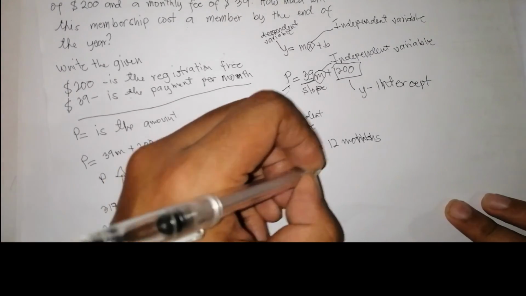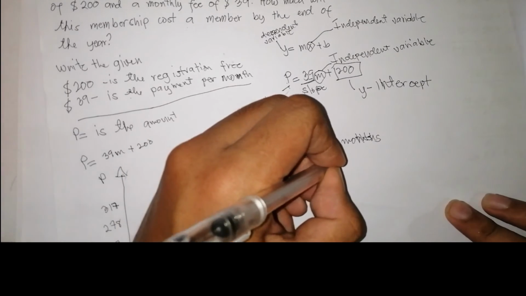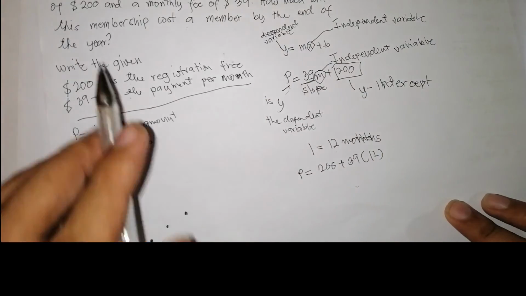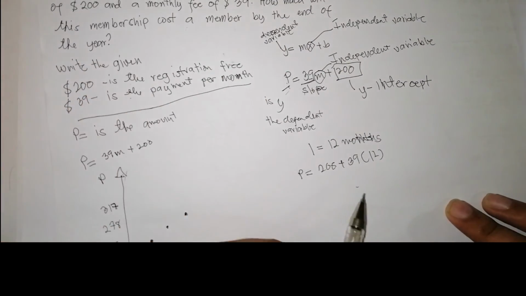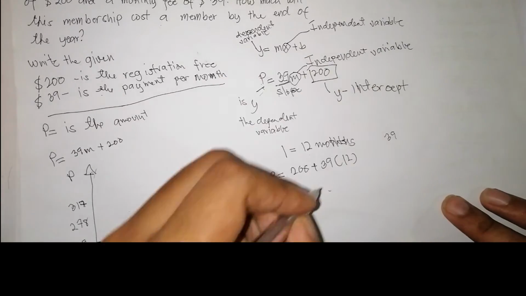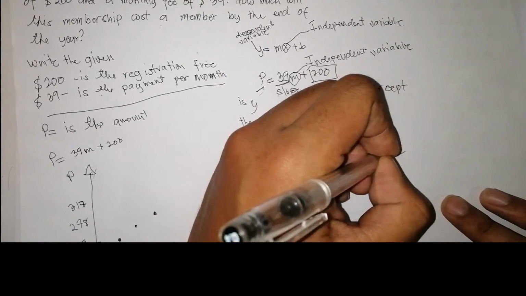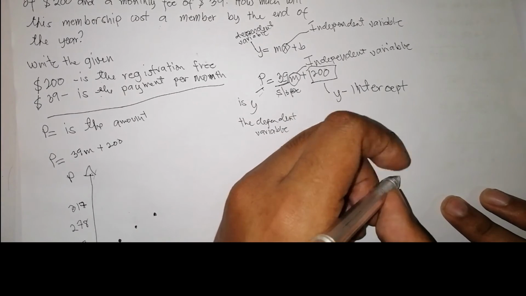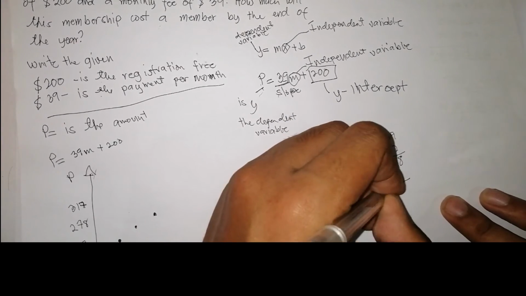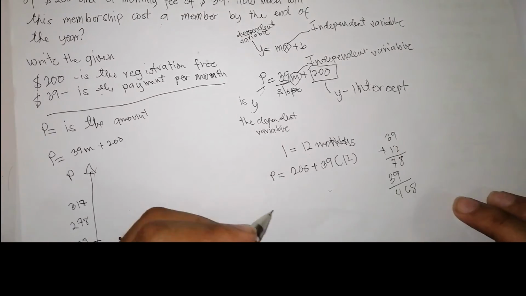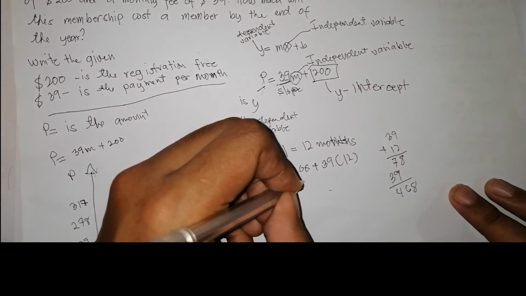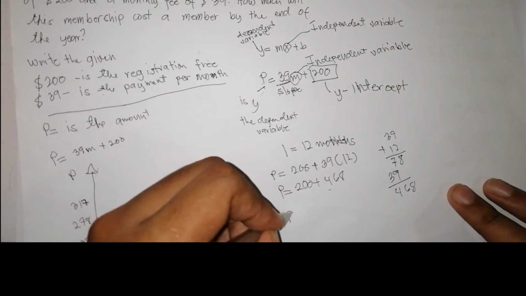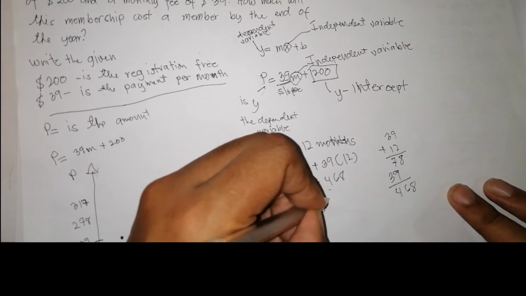So P equals 200 plus 39 times 12, because it is the end of the year. 39 times 12 equals 468. So 200 plus 468, P equals 668.